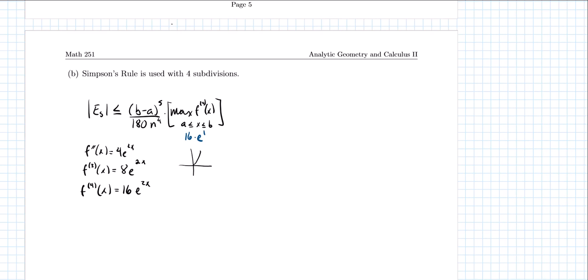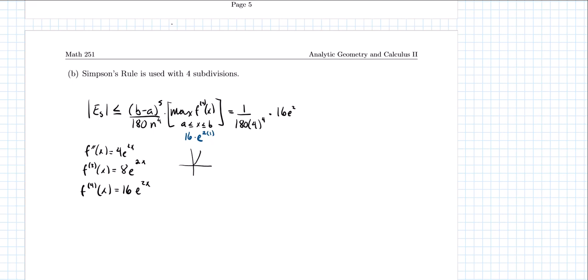All right, so putting everything together, we had b minus a, so it's just 1 minus 0. So 1 divided by 180 times n to the 4th, so 180 times 4 to the 4th times 16 e to the... sorry, not e to the 1st. The function was evaluated at 1, so it was 2 times 1, so there we go.